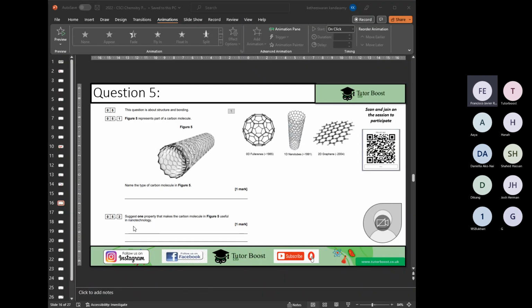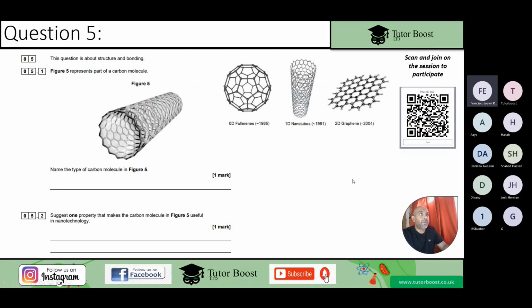Try and use another word rather than nanotube, because they're making reference to carbon technology here. Since I've come out of the PowerPoint, you might have actually looked at the diagram that I have attached. So these are nanotubes. Now, in the marking scheme, what they're expecting you to write is fullerene, right?